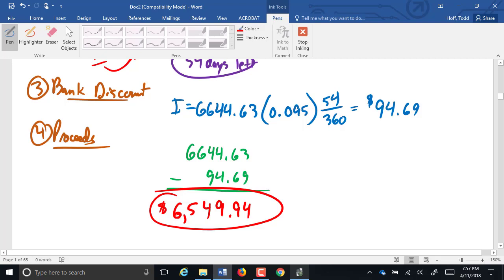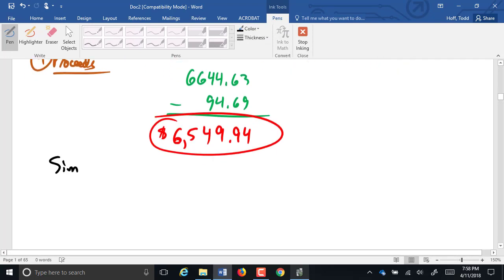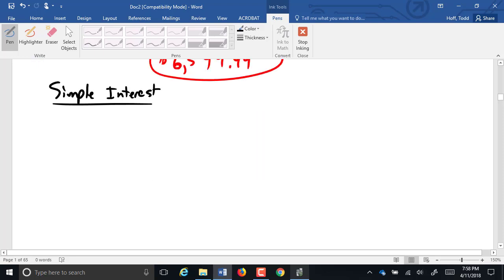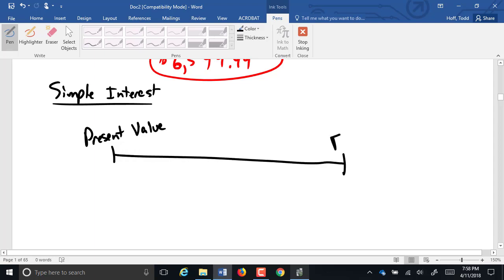Cool. Everything that we have done so far has been simple interest, whether it was simple interest note or simple discount note, it is still simple interest, which means that we start out with a beginning balance, which is our present value, and there's one period gets us to our ending balance or that future value, and in between there, interest is added in only at the end of the period, or if there's an action.